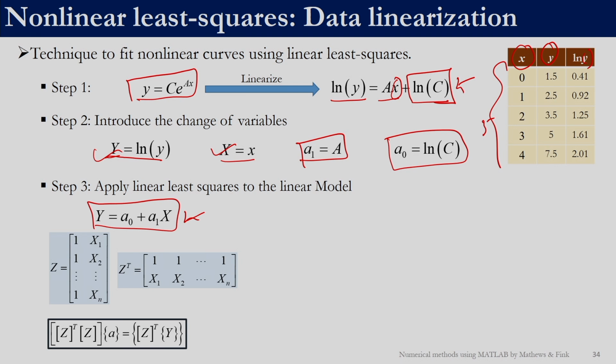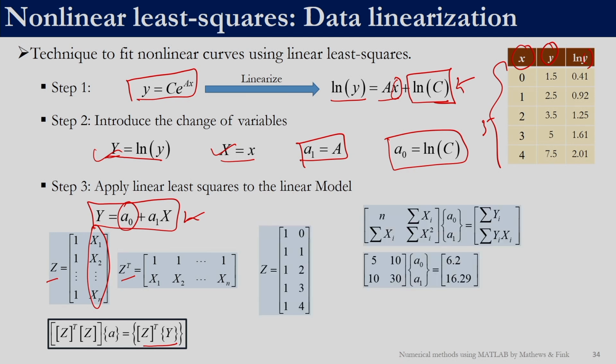So, using general linear least square regression, we know that the solution for this problem is z transpose z into A is equal to z transpose y, where z is a column of ones, right, because we have a constant coefficient term, and the x1 variable, all the data points stacked like this as the second column, right. Once we know z, we can calculate z transpose, similarly we can calculate z transpose y, right.